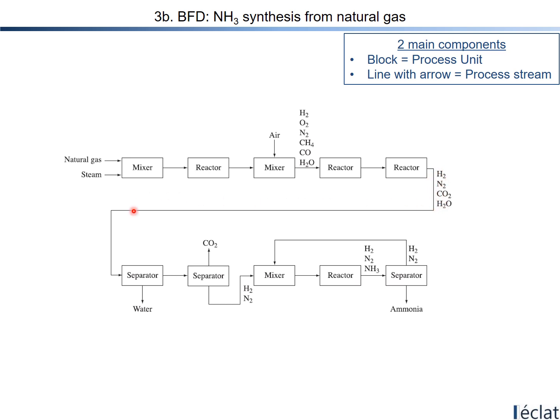Then go to the separator, and water is separated from the input mixture, and then a separator for CO2 separation, and then the only thing remaining is hydrogen and nitrogen plus water impurity, and then mix them together and send to the main reactor, then we could get the ammonia.